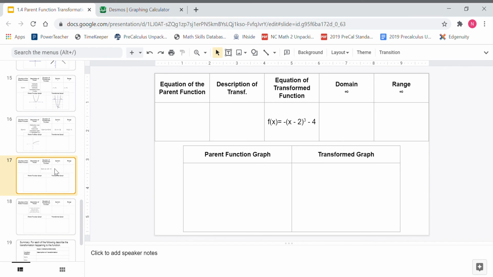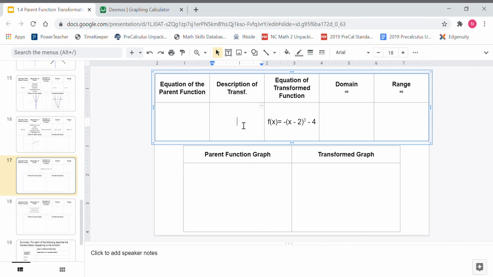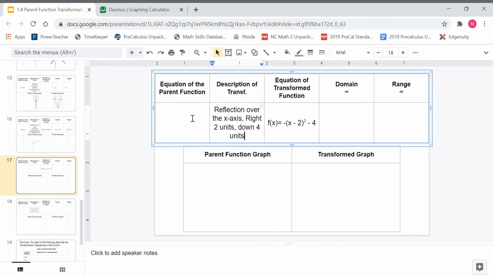All right, slide 17. All we are given is the transformed function, so we can jump right into our transformation. So we've got a reflection over the x-axis. We've got right 2 units, and we've got down 4 units. And so it's a cubic function. You've got that cubed in there.